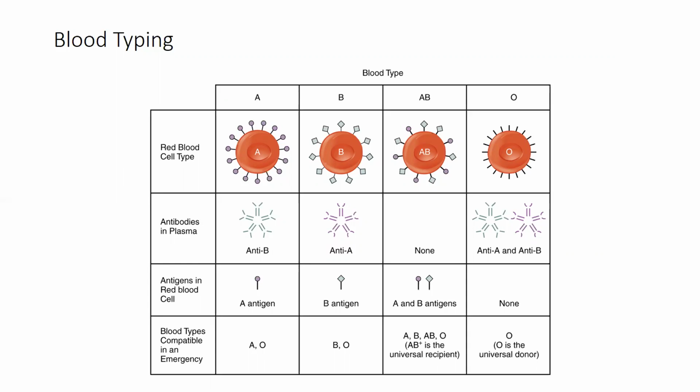Type AB red blood cells have both A and B antigens on red blood cells, but no anti-A or anti-B antibodies in the plasma. Lastly, type O red blood cells have both anti-A and anti-B antibodies, but no surface antigens.